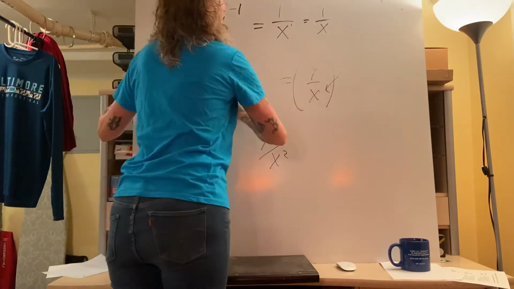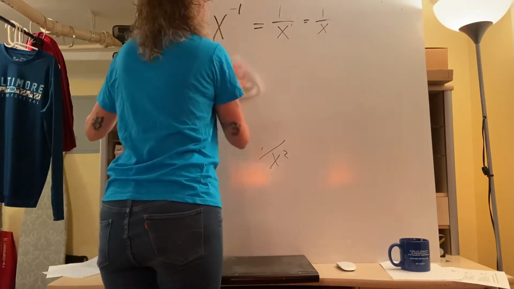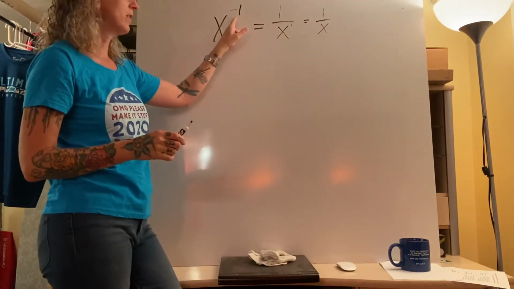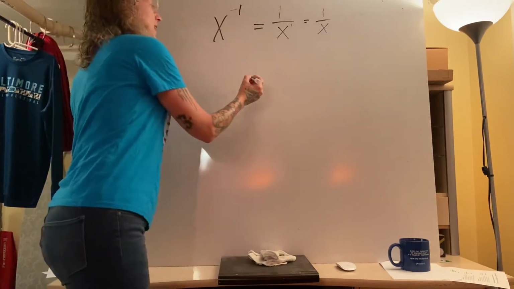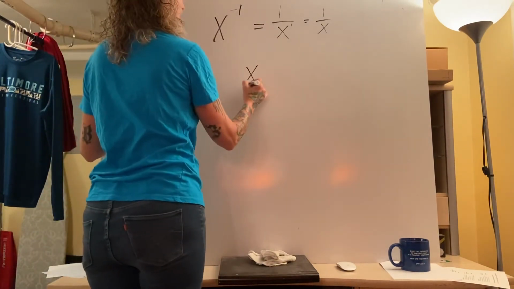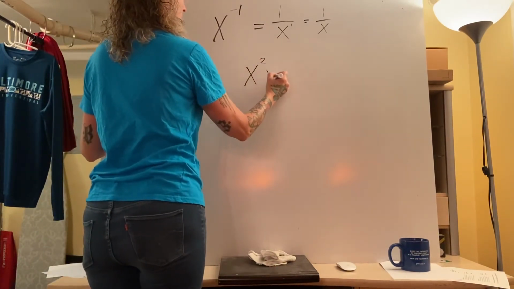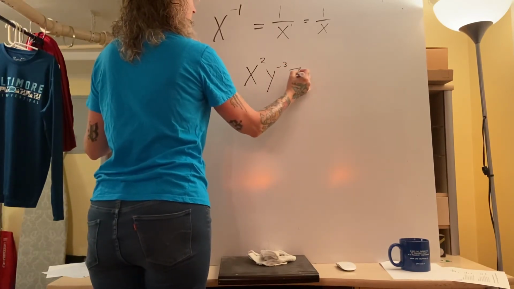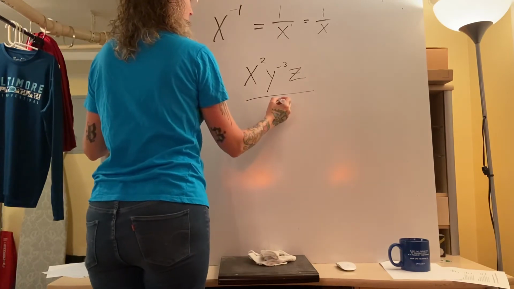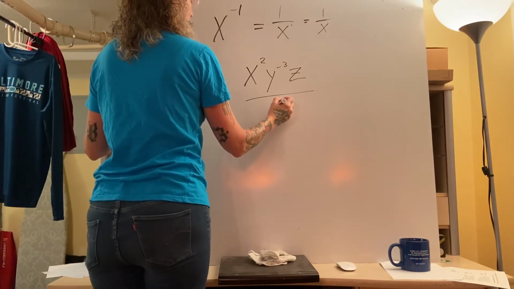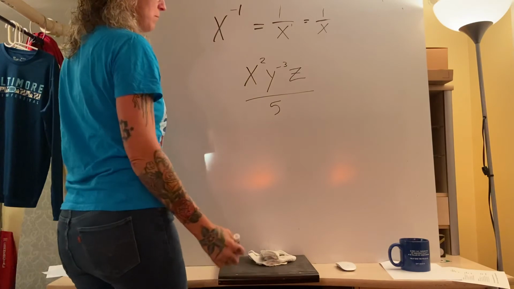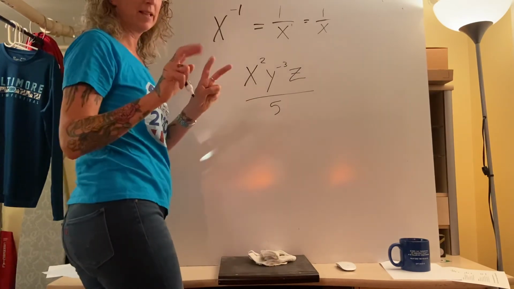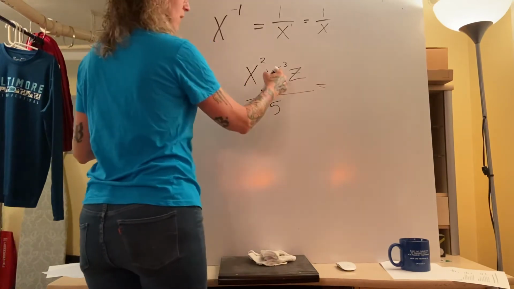So let's just practice. Okay, anytime you have a base with a negative power, this is the power, you have to flip it. So if I have a fraction and I have x squared y to the negative 3 z over 5, let's keep it simple, okay? If I want to simplify this and make it mathematically sound, I have to rewrite it without the negative exponent.